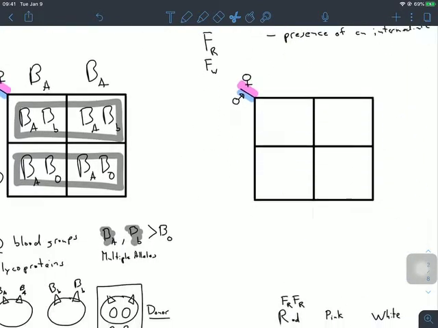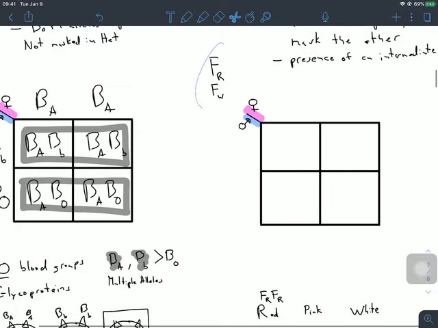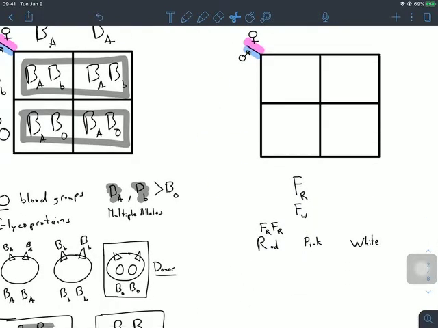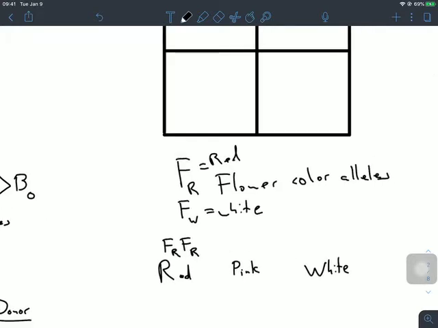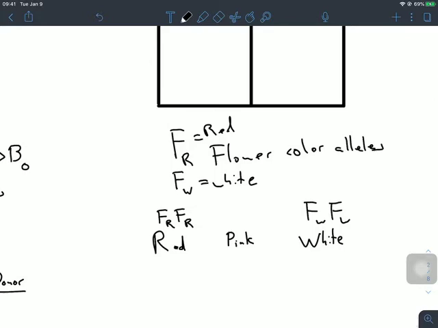So that way I have enough room, not crowding things out. An individual that is FW, FW would be white. And an individual that is FR, FW is pink.